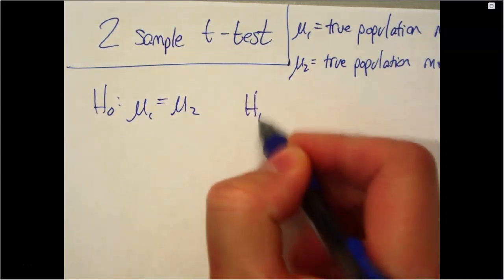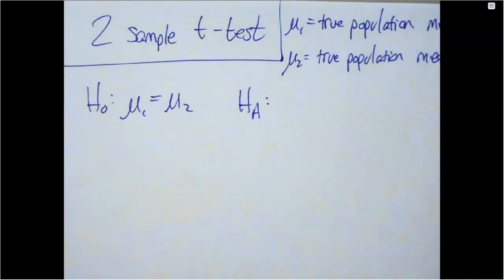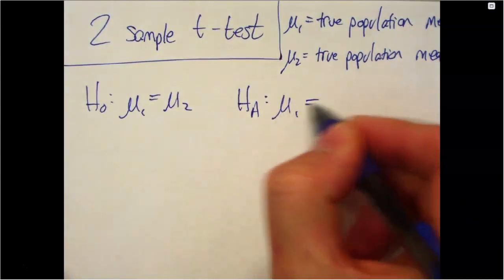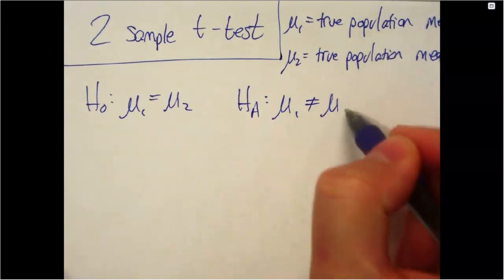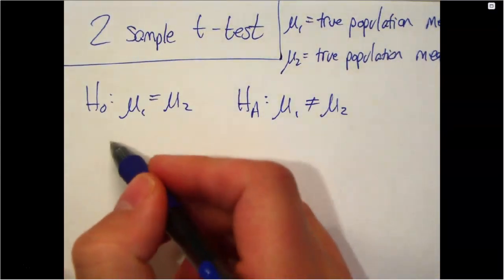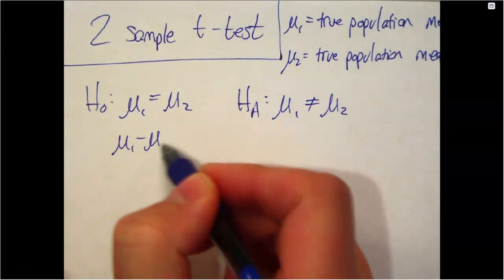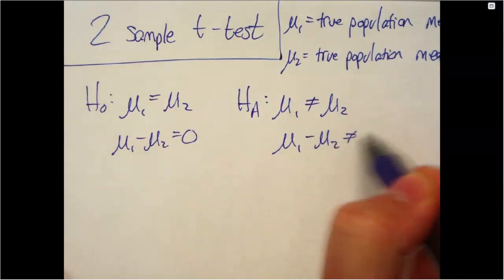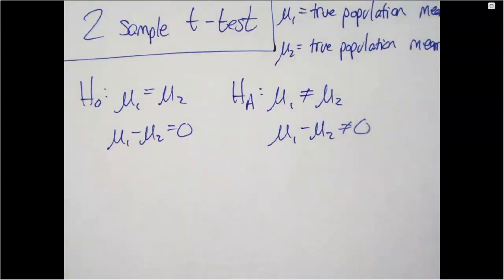For my HA, I have to pretend I don't have the data yet, so I'm not sure who would grow more. I'm just going to see if they're different. So I'm going to say mu1 is not equal to mu2. I'm going to write these down below. You don't have to. I'm just showing that this could be written two different ways, the top or the bottom.